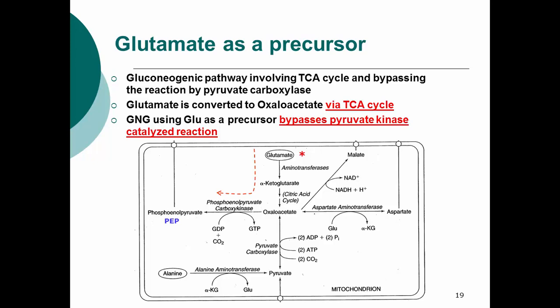This oxaloacetate is then directly converted to phosphoenolpyruvate, catalyzed by this enzyme, PEPCK, phosphoenolpyruvate carboxykinase, and bypasses this key reaction, right?